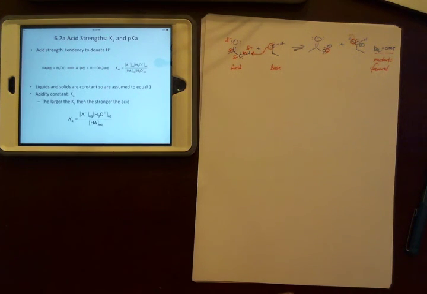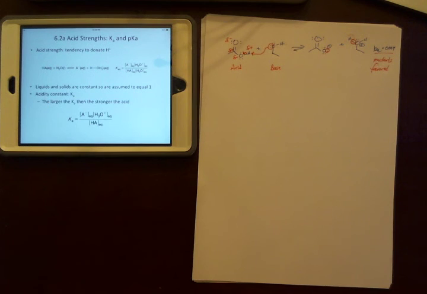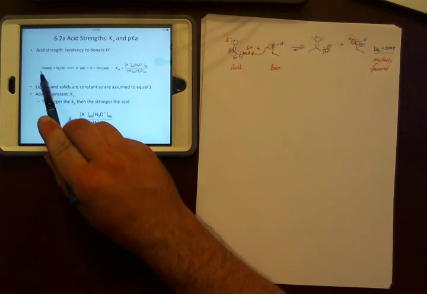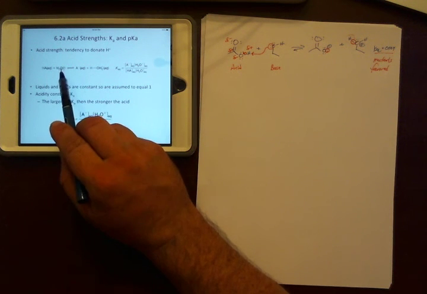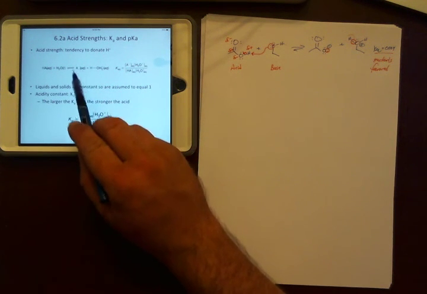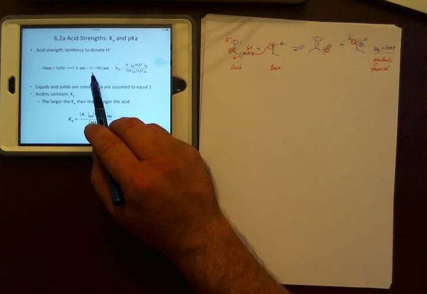Okay, so if we look at the equilibrium constant and just relate it to acids, the typical acid dissociation is just in water, so you have your acid plus water going to your conjugate base plus hydronium ion, H3O plus.